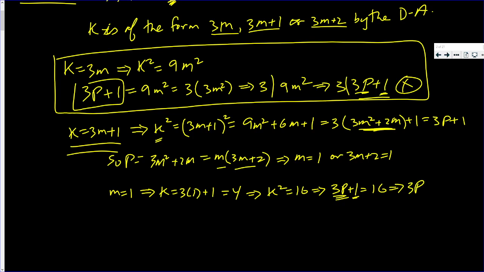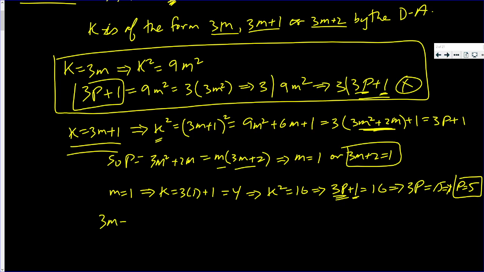So if 3p is 15, that implies that p is 5, which we know is correct. I mean, I actually tested that, but you don't have to. This theory shows it.